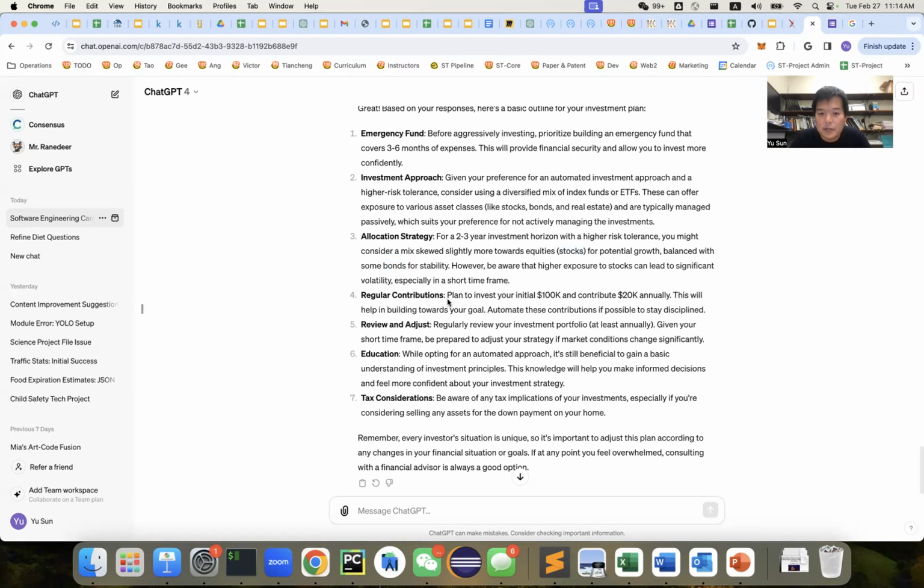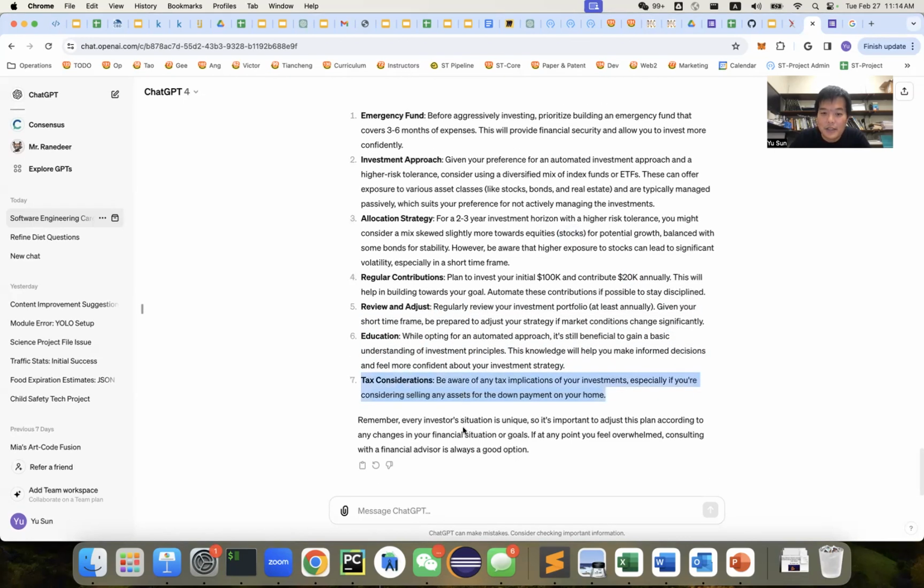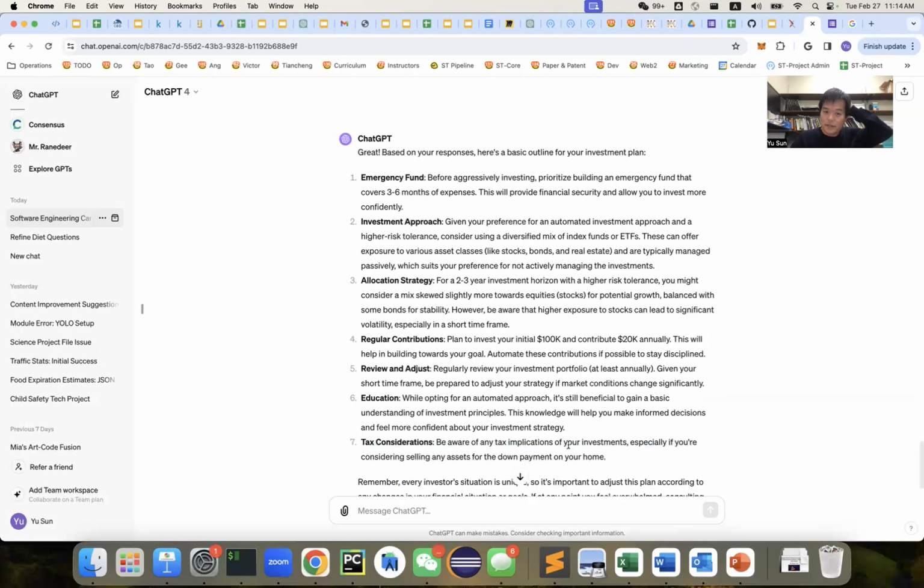Okay. And regular contribution. So plan to have your initial 100K, and every year you should put this much, and review and adjust, education, tax consideration. And anyway, it's a lot of information, but probably the most important thing is that you want to look at the mix of the ETF funds with some bonds.